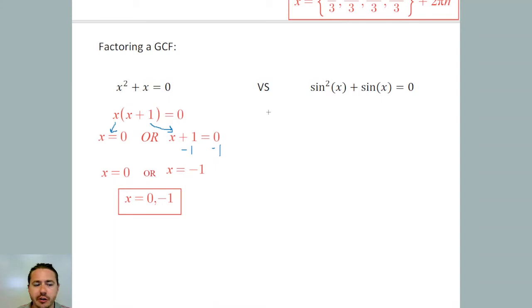You're going to factor out your GCF, which in this case would be sine of x. So we'd have sine of x times, I might use brackets here just so that we can differentiate the parentheses with the brackets, sine of x plus 1. And so the solving process is pretty much the same.